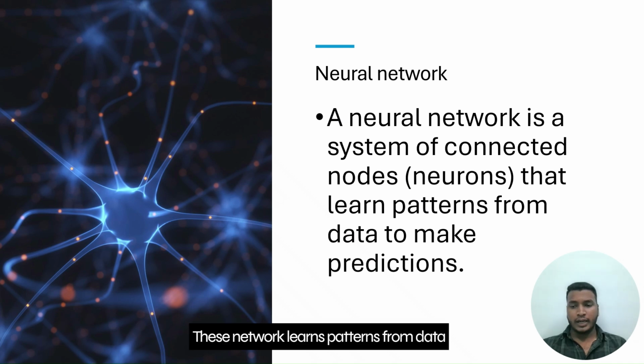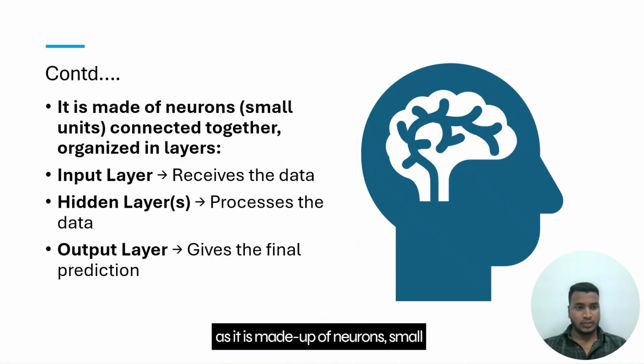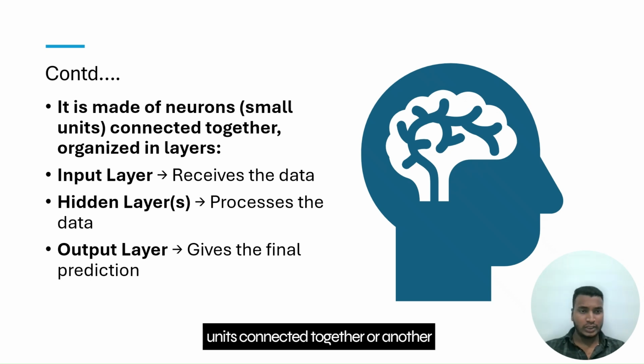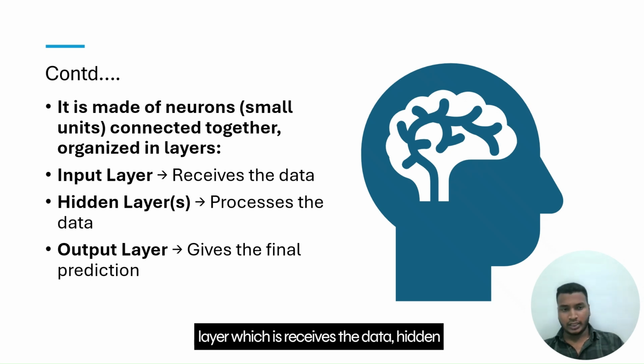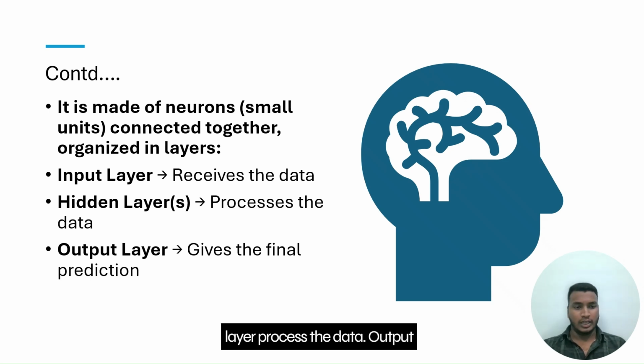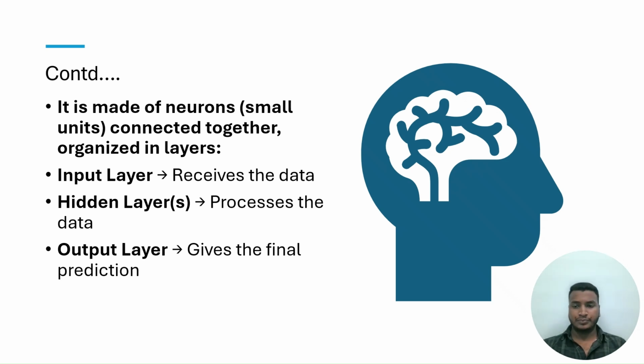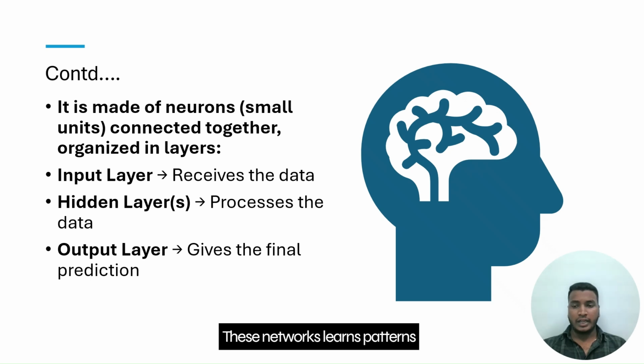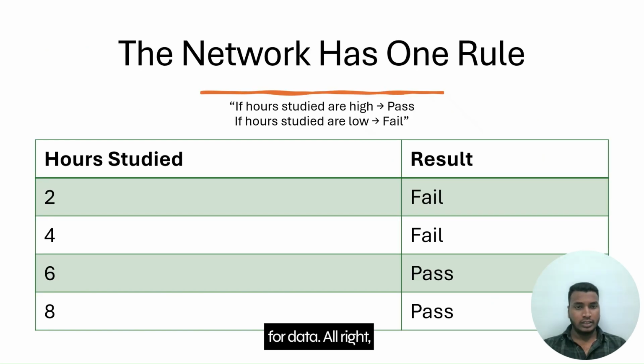The network is made up of neurons, small units connected together and organized in layers. As I mentioned, the input layer receives the data, the hidden layer processes the data, and the output layer gives the final prediction.